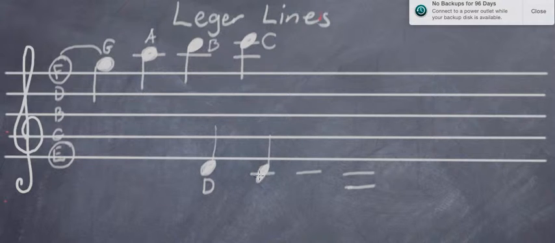And if we go on to our first ledger line below D, we have a C. So we're going in reverse down the musical alphabet for anything below the stave.